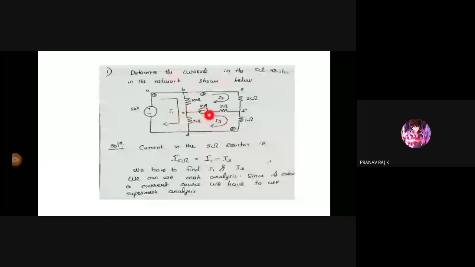And here you are applying mesh analysis, so you have to consider the super mesh. In that case, the super mesh equation is I2 minus I3 equal to 2 ampere, since this current is the difference between I2 and I3. Okay, that you also remember.